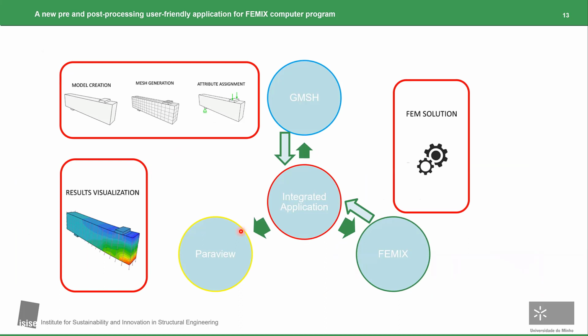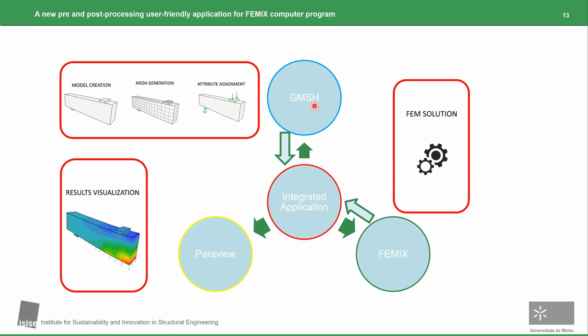Here, we worked on an integrated application which could interact with three different types of external application, which could be used. For example, we can do the model here, in the integrated application.